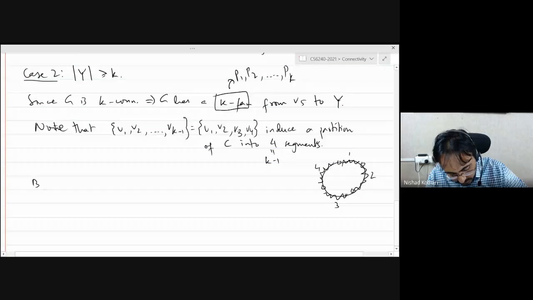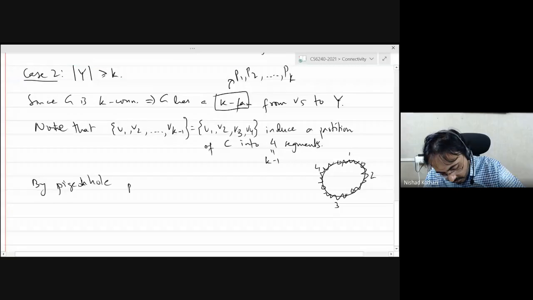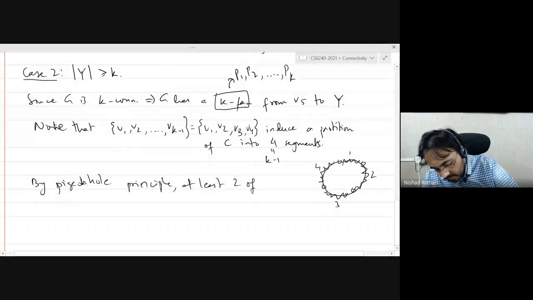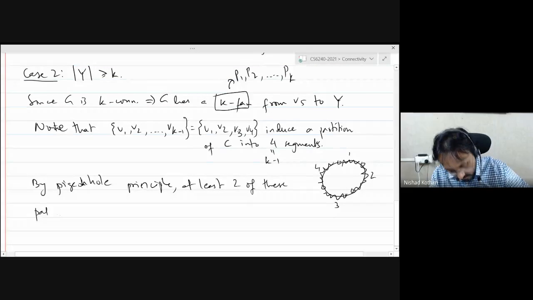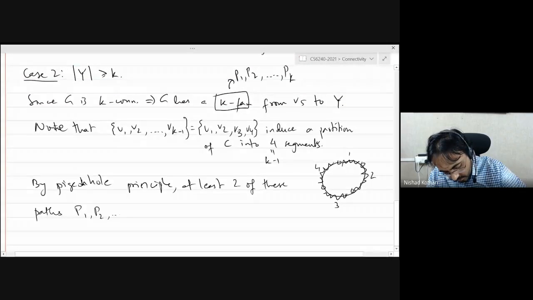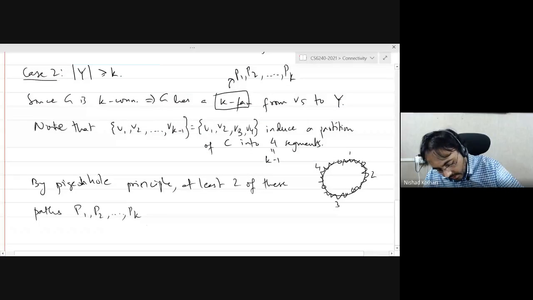By the pigeonhole principle, at least two of these paths from P1 to Pk end in the same segment.